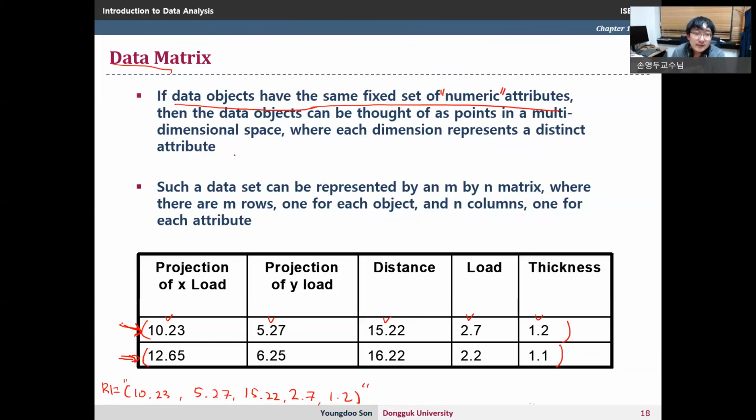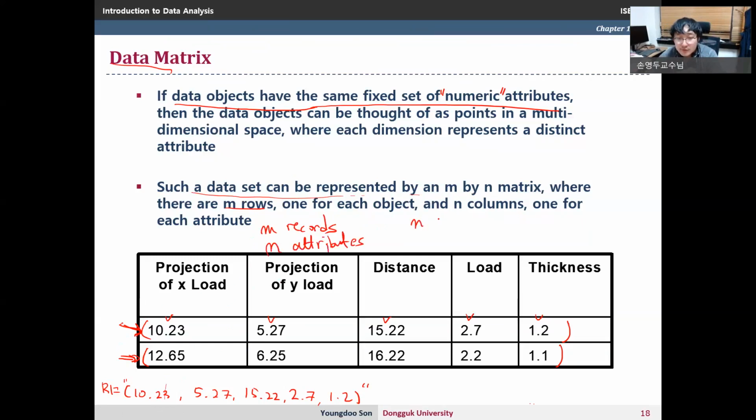So in this case, the data can be represented as an m by n matrix, where there are m rows, one for each object, and n columns, one for each attribute. In this textbook, there are m rows and n attributes, so it means that it has m records and n attributes. However, in a usual machine learning textbook, they are exchanged.